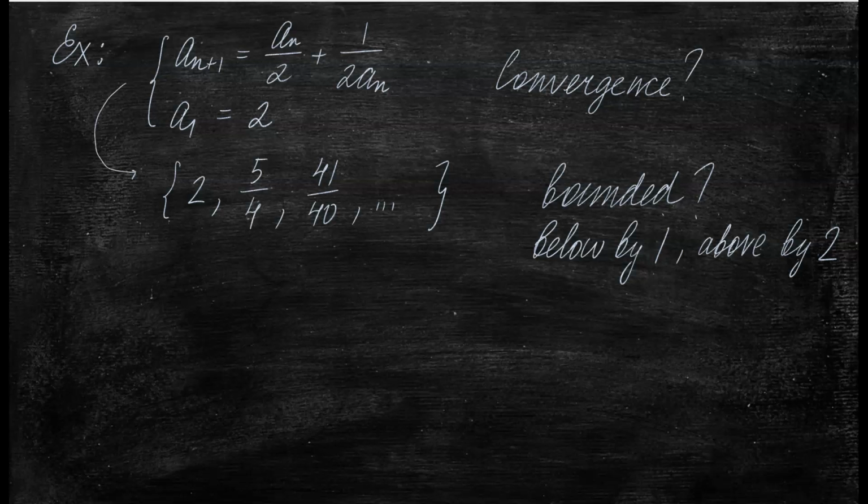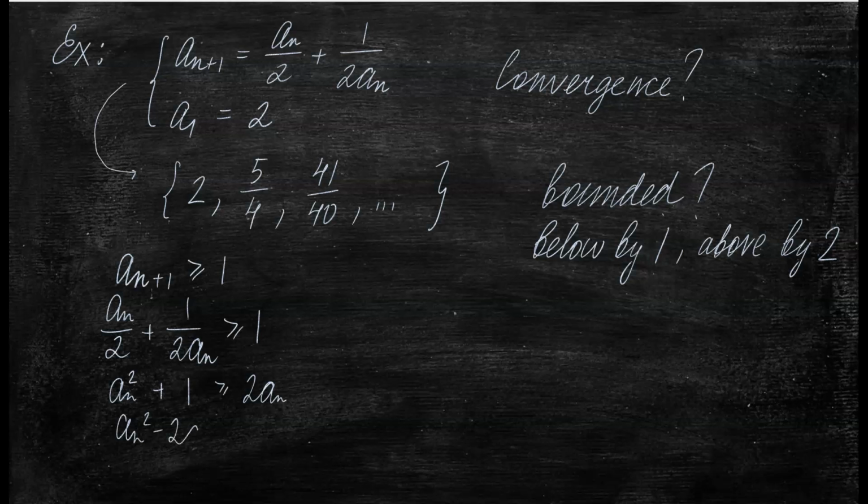To show that it's bounded below by 1 means we want to show that the n plus 1th term is greater than or equal to 1. We're going to do the same thing here: multiply the numerator and the denominator by 2an to get rid of some stuff, and now we subtract 2an from both sides.